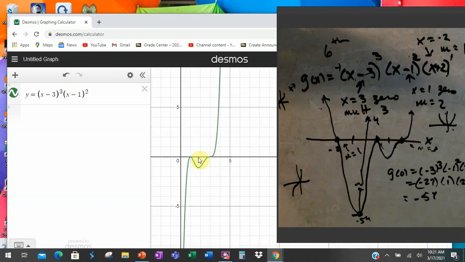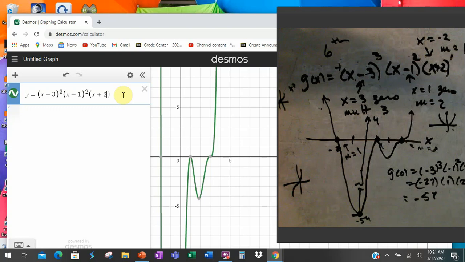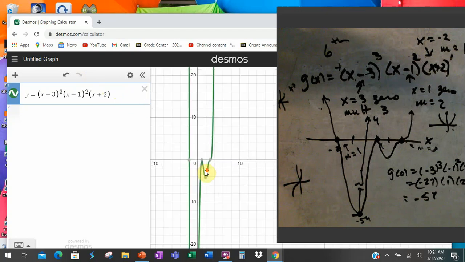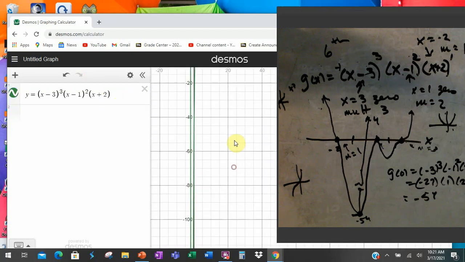Now if I open this up, you see just from those two pieces, the even touch at the 1, and then that little dip from the 3. And then finally we had x plus 2, and that adds us that piece straight through because it's a first degree. And then if we go down here, we'll find that it crosses, I think, at negative 54.